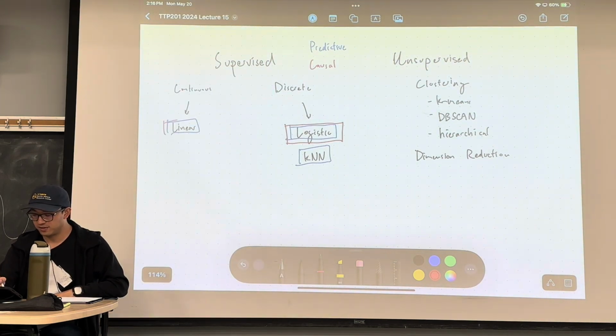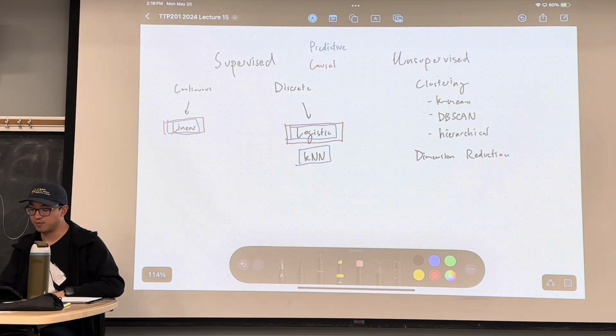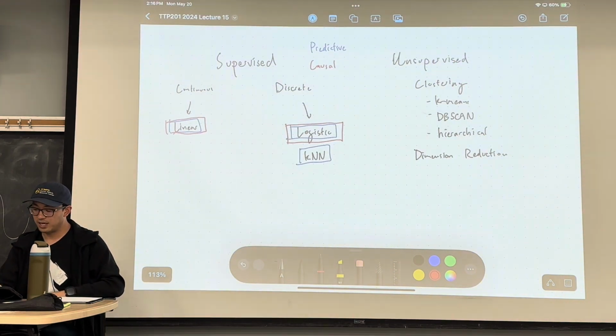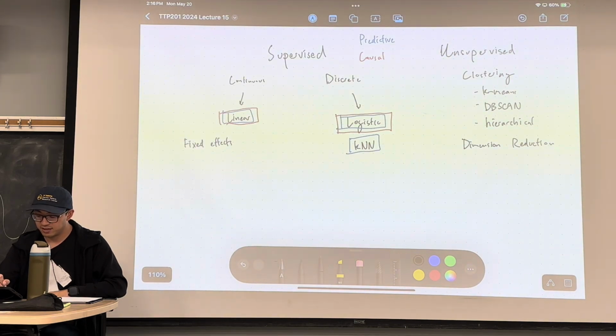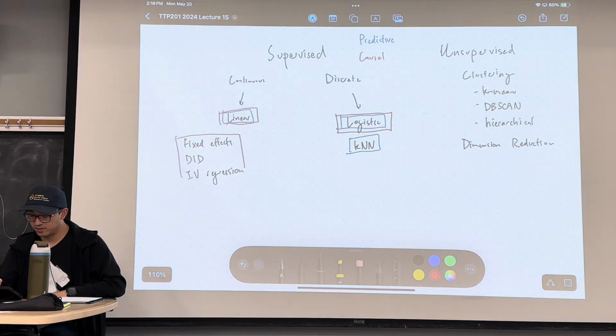You're going to learn the basics of this in both. But we have covered techniques that are more on the causal side. So things like fixed effects, differences, and IV regression.